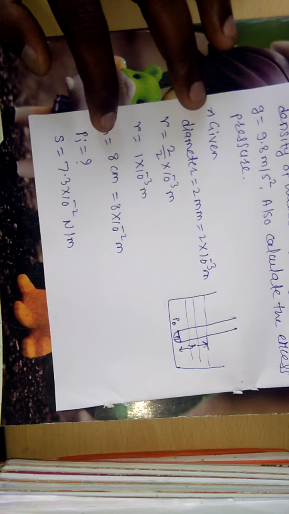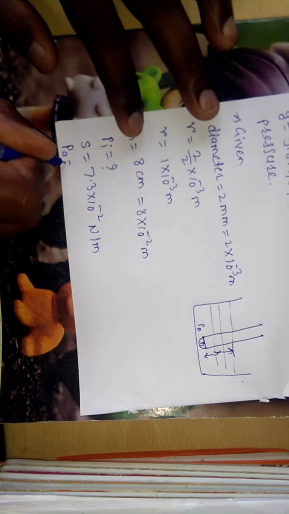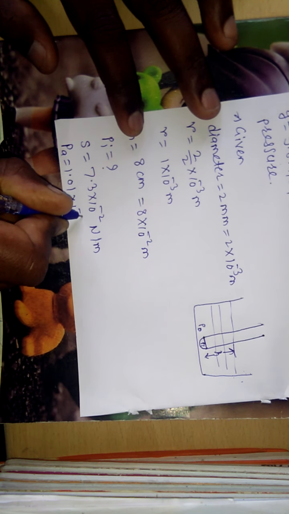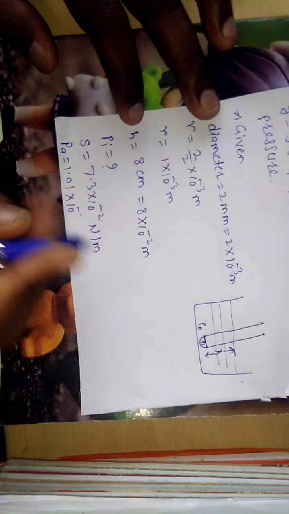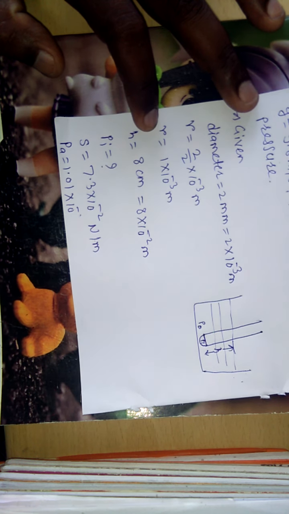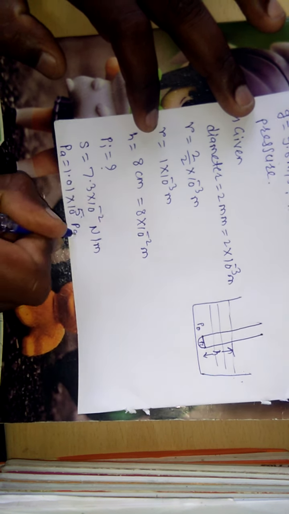The atmospheric pressure is 1.01 × 10^5 Pascal.